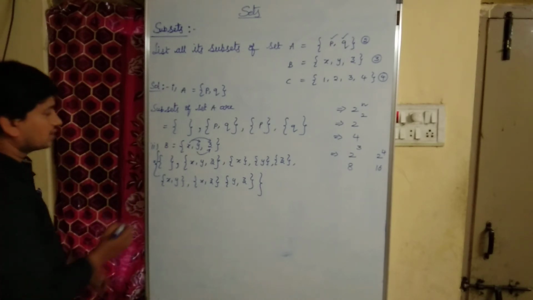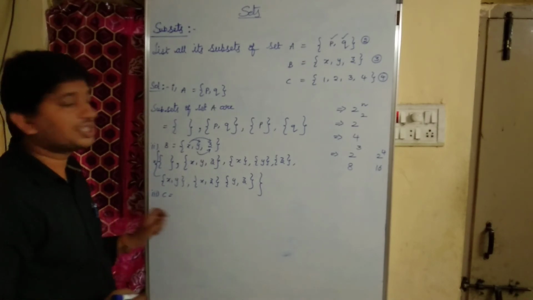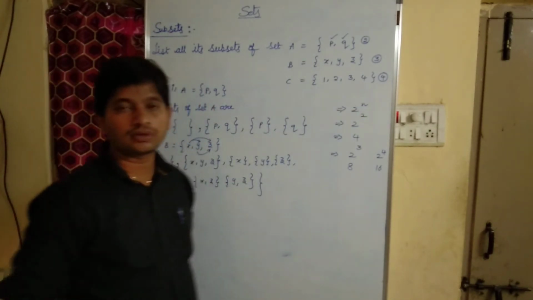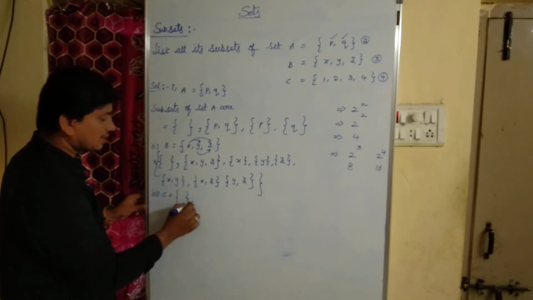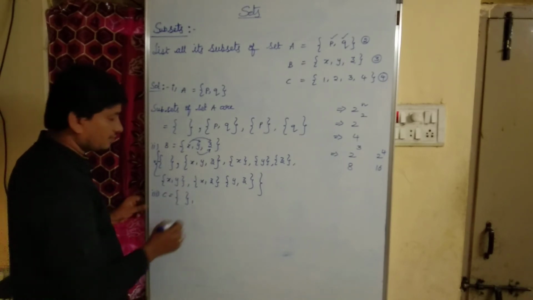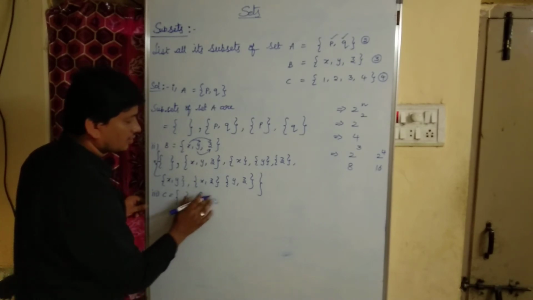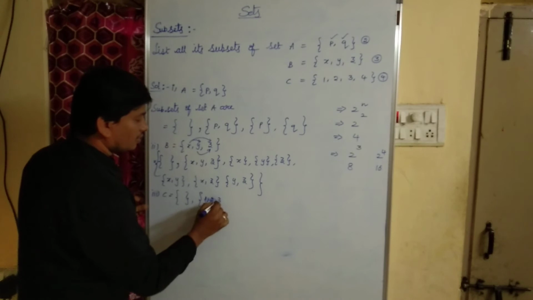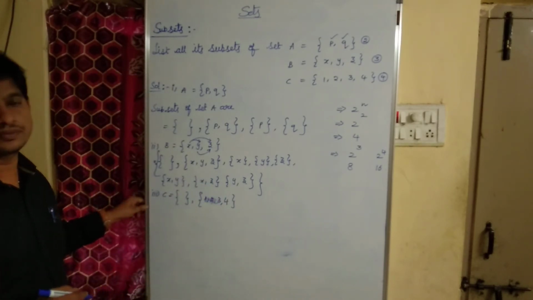Now coming to set C, as it consists of 4 elements, as I told you, empty set is a subset of every set, and every set is a subset of itself.